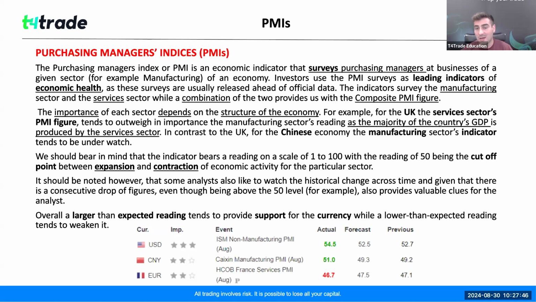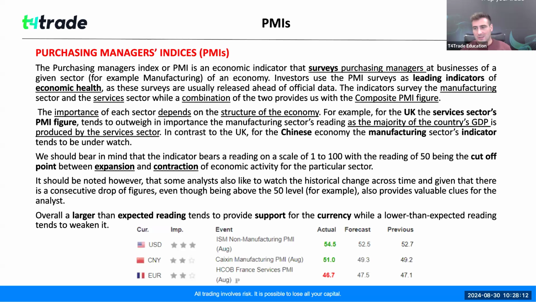So for example, the United Kingdom's services sector tends to outweigh the importance of the manufacturing sector, because the contribution to the GDP reading of the services activity in the United Kingdom is much higher than the manufacturing. Therefore, we place much more importance on what is contributing the most to the country's GDP.